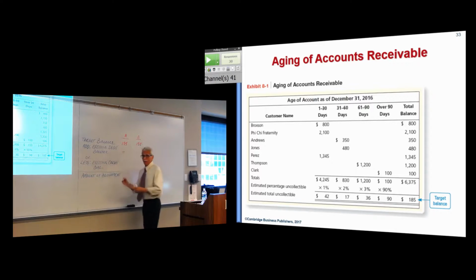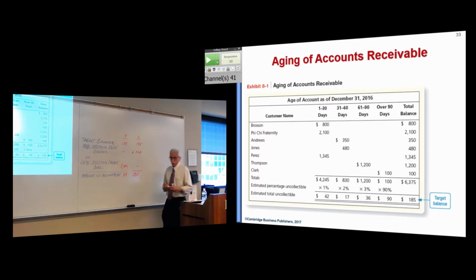First case, there was a credit balance left over from last year, so you only need 85. Second case, there was a debit balance, got to add that, and your adjustment is 280. So balance sheet approaches, the aging and the percentage of receivables, will work that way.